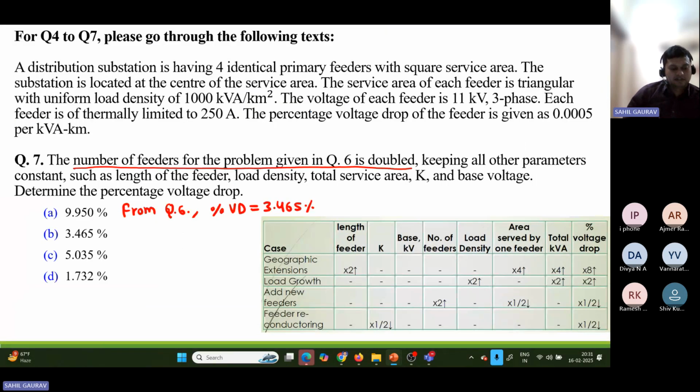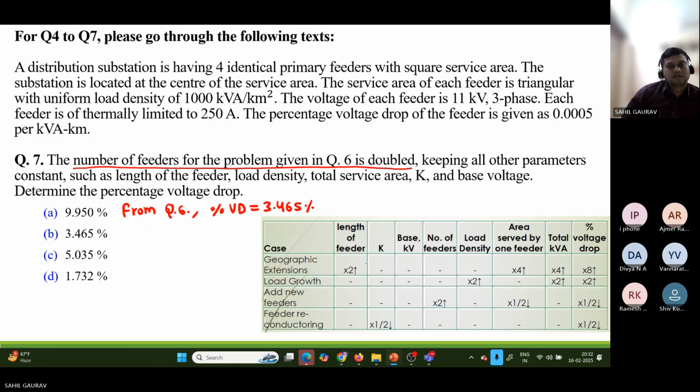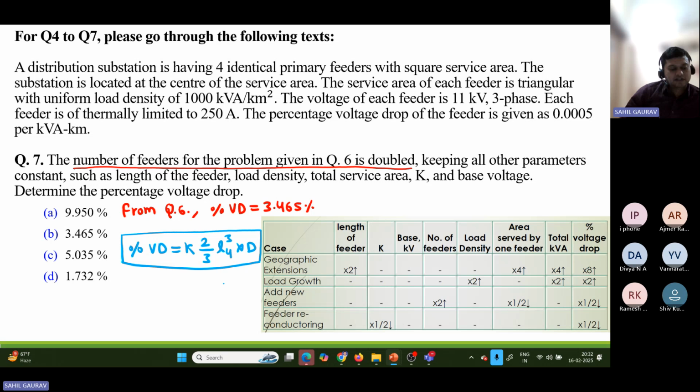So if the length of feeder gets doubled, then if you see the final expression, it is K into 2/3 of L4 cube into D. If the number of feeders is doubled, then the load under a feeder is reduced by half, which results in the voltage drop reducing by half.